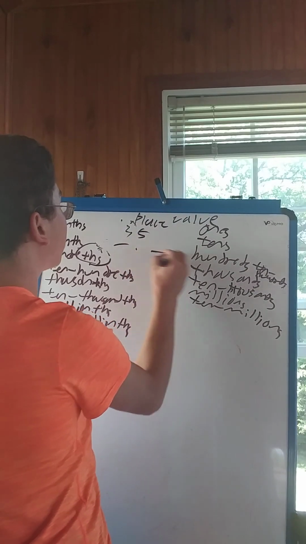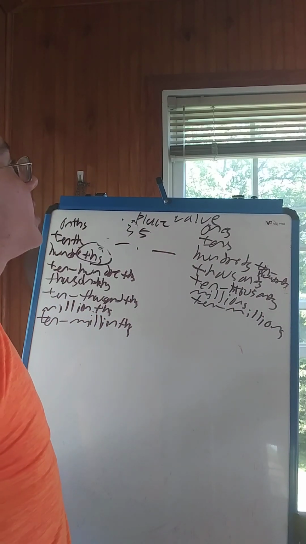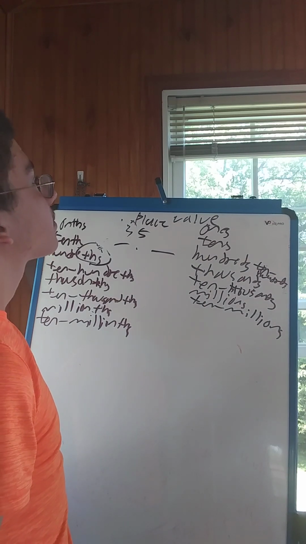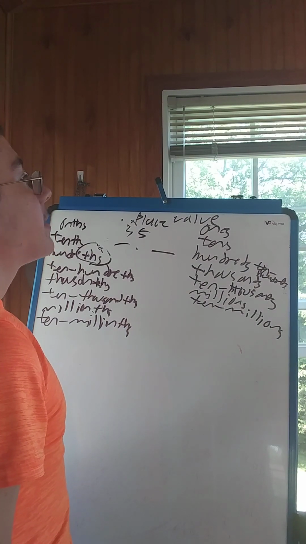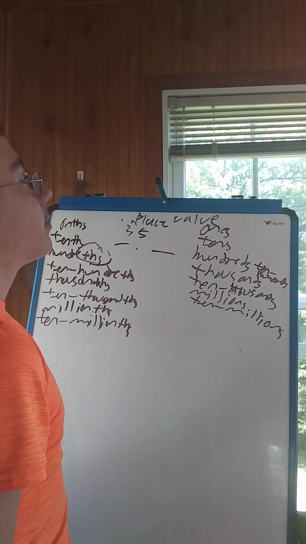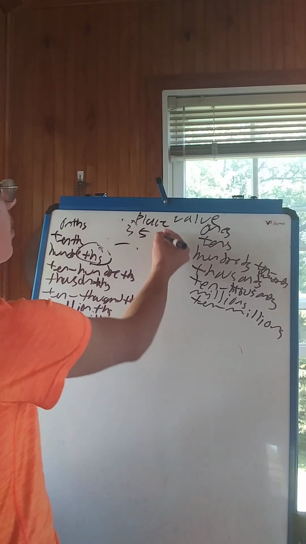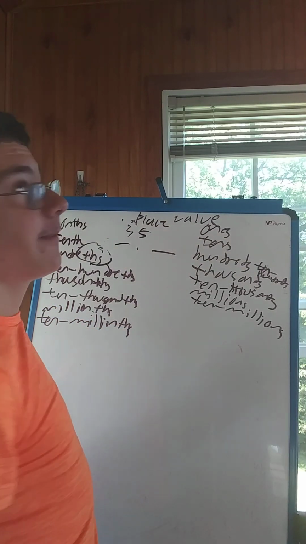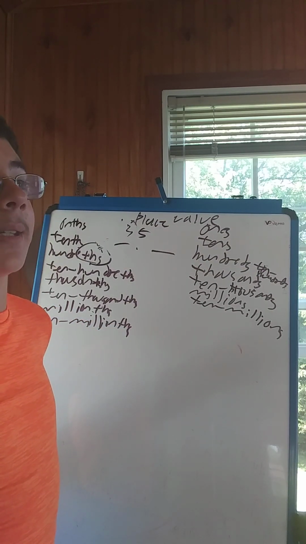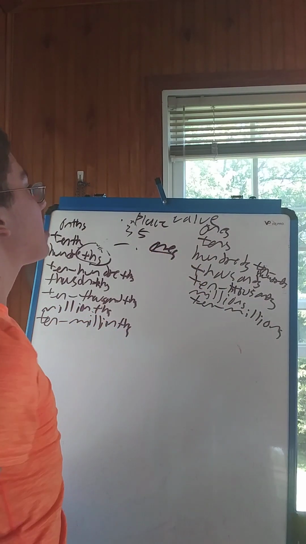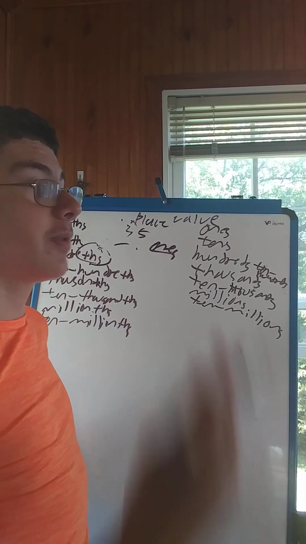On 35, we're going to be going from right to left and from left to right. So who can tell me what placement the 5 would be in? Exactly, the ones. And then the 3 would be in, if we're moving from right to left, the tens.